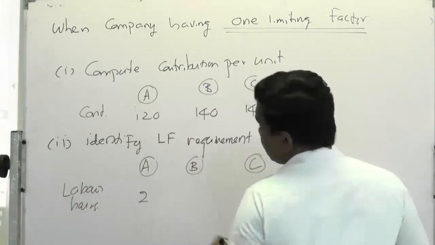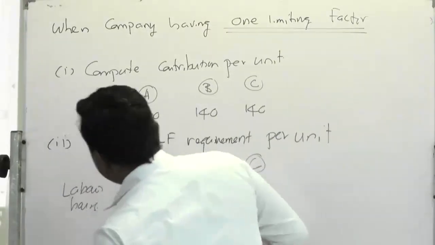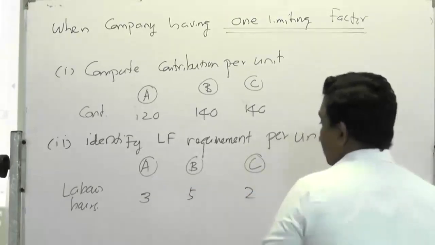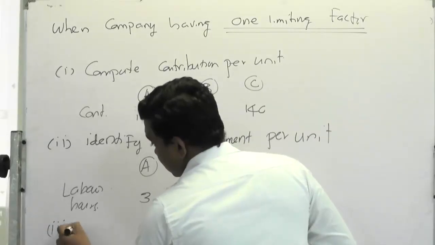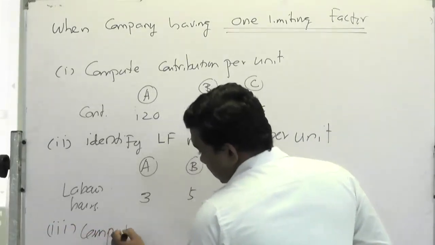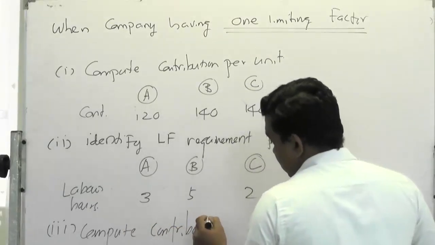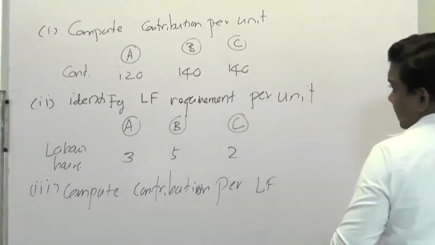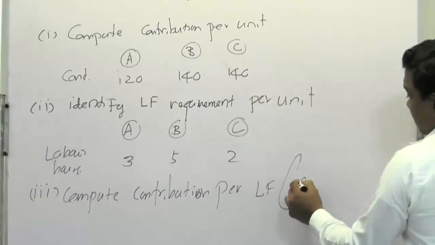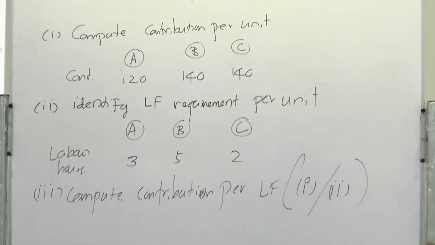You require 3 labor hours for A, 5 and 2 labor hours for B and C. Then step number 3: compute contribution per limiting factor, that is you need to divide the answer of step 1 by the answer of step 2, right? Compute contribution per limiting factor.